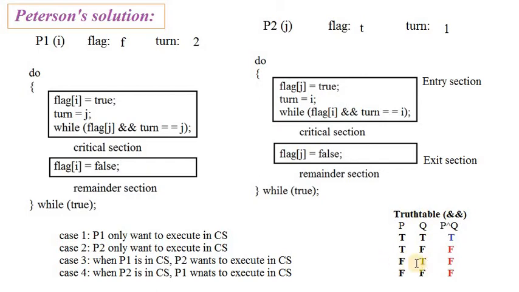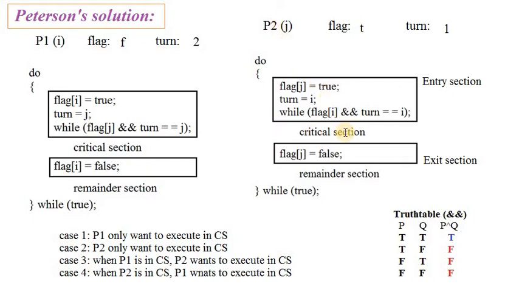When any one of the two conditions fails, the final result will be failed only. So the condition fails. Whenever it is failed, it will not enter into the while loop. But here the while loop doesn't have any body, which means it will ignore this while loop and enter into the critical section then.